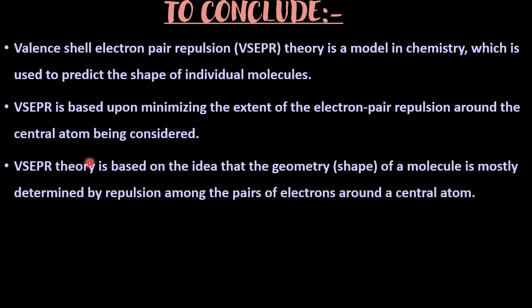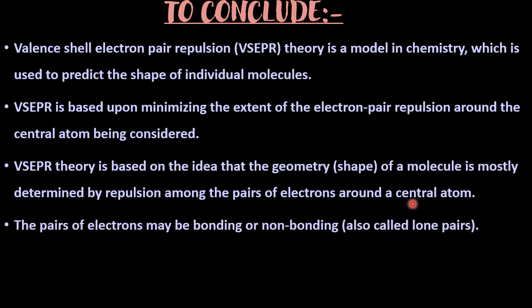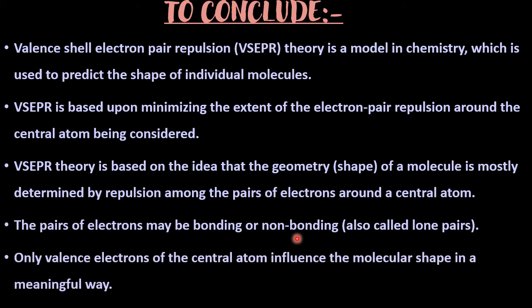The geometry or shape of a molecule is mostly determined by repulsion among the pairs of electrons around a central atom. The pairs of electrons may be bonding or non-bonding, also called lone pairs. Only valence electrons of the central atom influence the molecular shape, not the other electrons in a meaningful way.